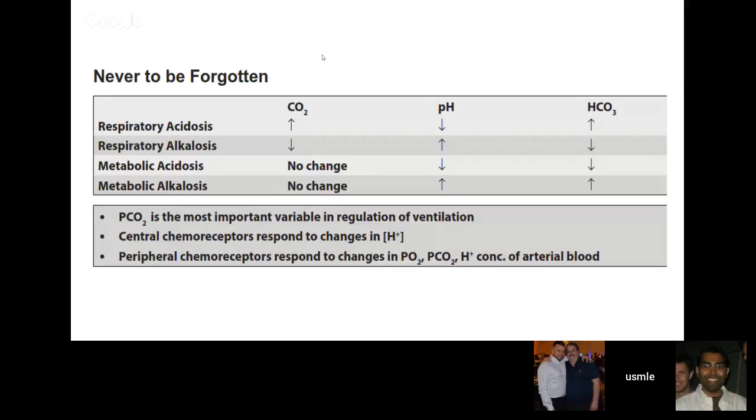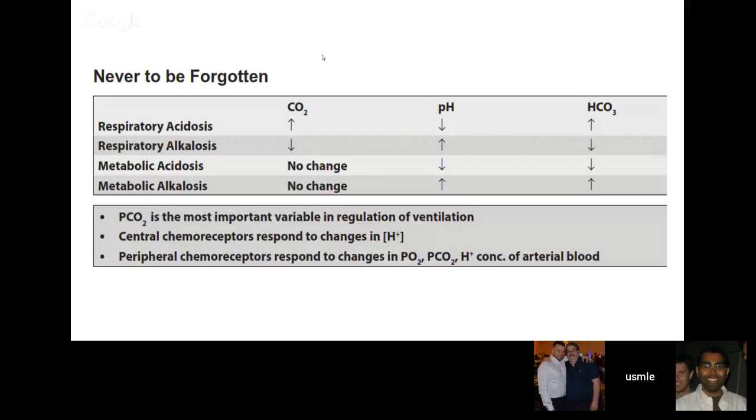And remember as well that metabolic acidosis might be caused by an increase of H plus, and vice versa for alkalosis. But the CO2 will change independent of the composition that is going to bring. So how you regulate your ventilation is going to be by PCO2.